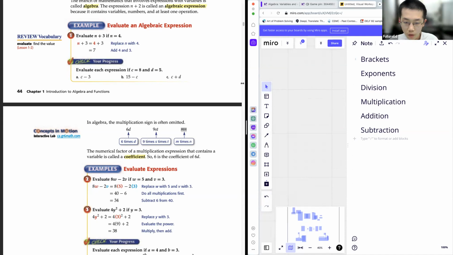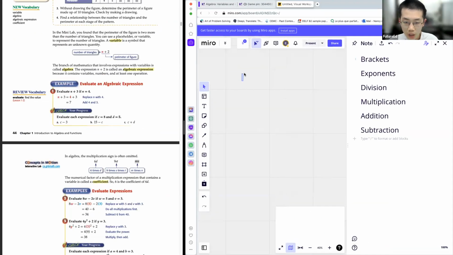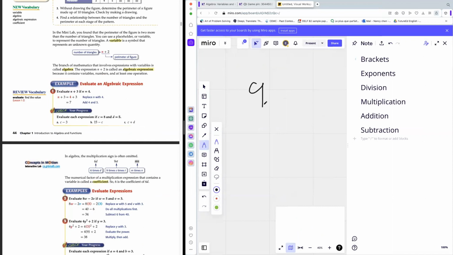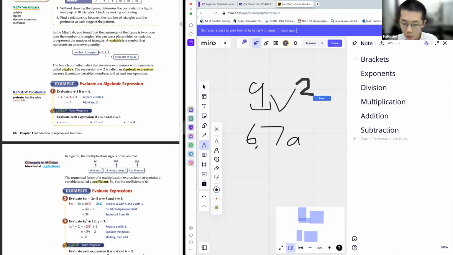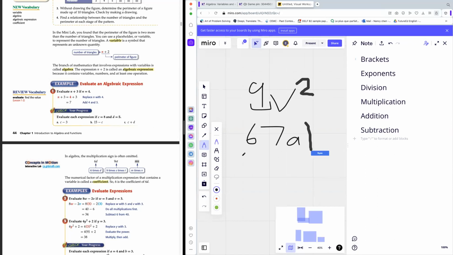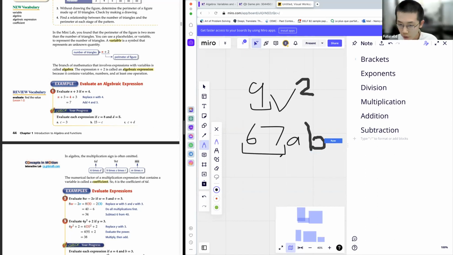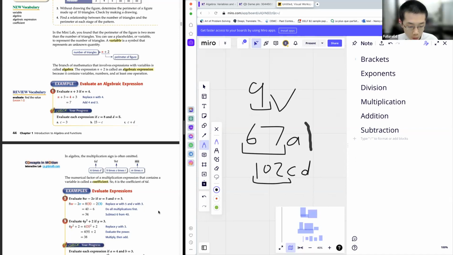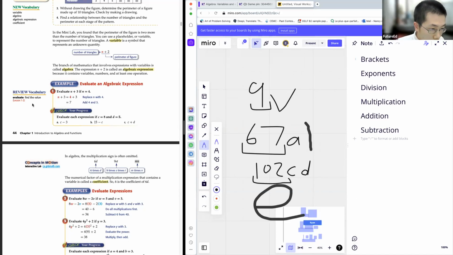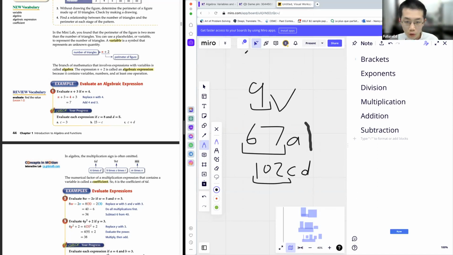So with 9B, the 9 would be the coefficient. What about 67A? What is the coefficient? 67 would be the coefficient. Ryan, can you tell me what is the coefficient of 102 CD? 102 would be the coefficient. Nicole, can you tell me what the coefficient of 87 MN is?